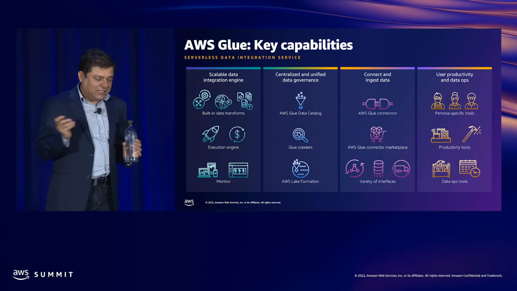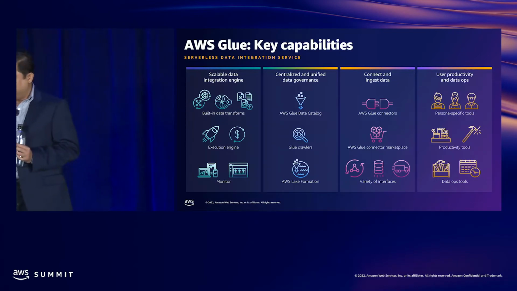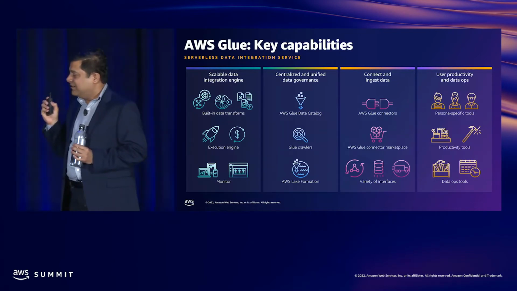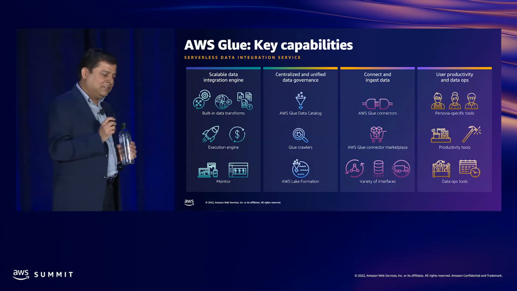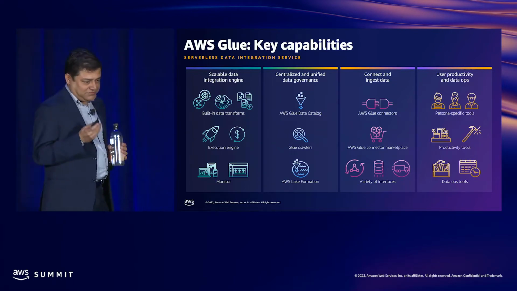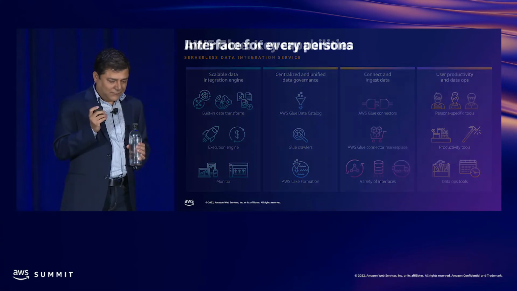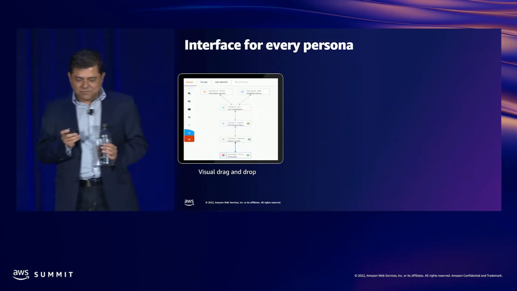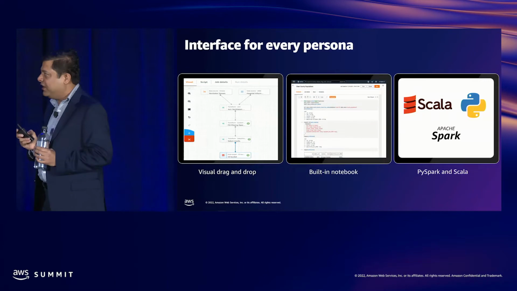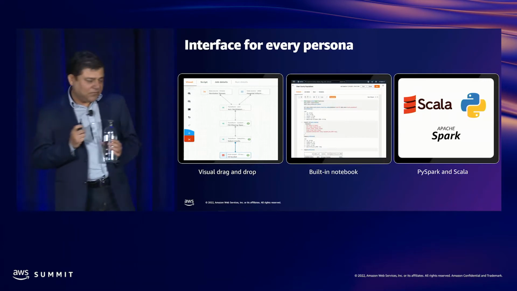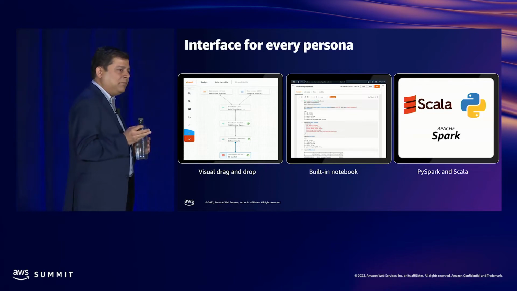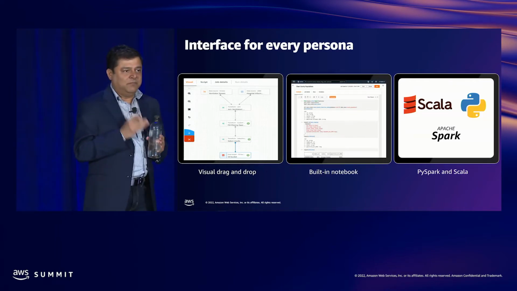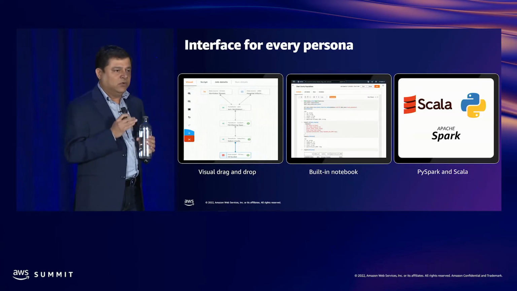So, key capabilities around scalable data integration engine, connectors, data catalog and governance, and data operations. As I mentioned, there is an interface for every persona, and here's the beautiful part of it. Regardless of how you author your job, you get the benefit of the massively scalable Glue execution engine.